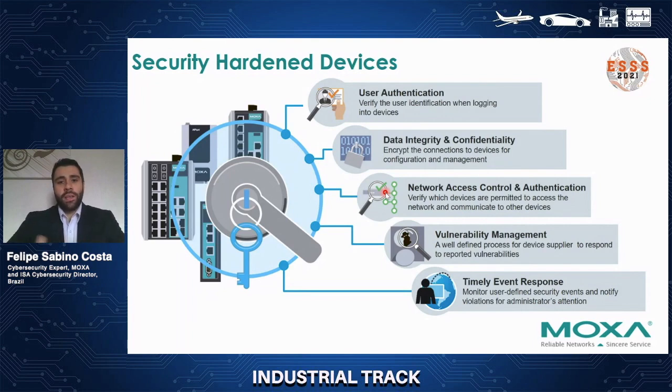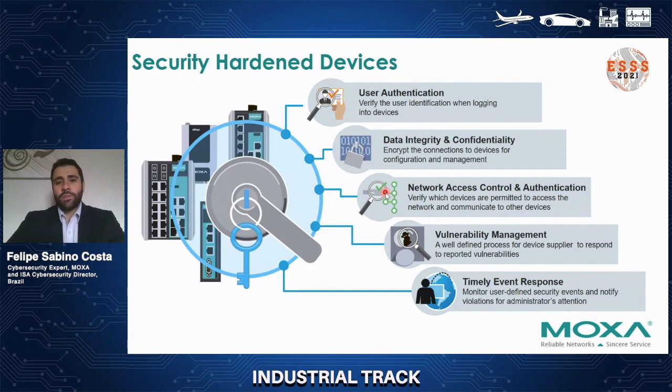So we have here some examples. I'm not going into details on all of them, but some of the perspectives are user authentication, data integrity, network and access control, authentication, confidentiality, etc.